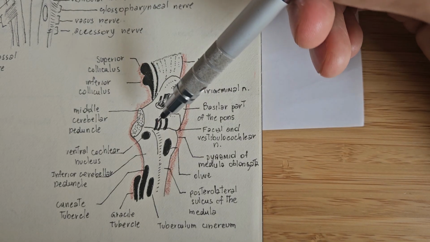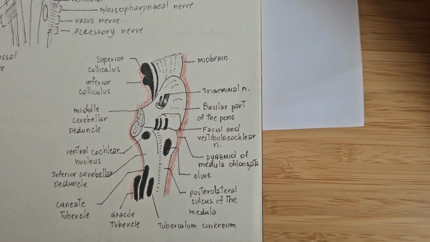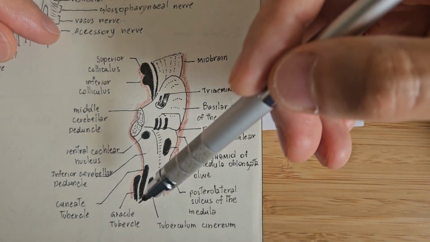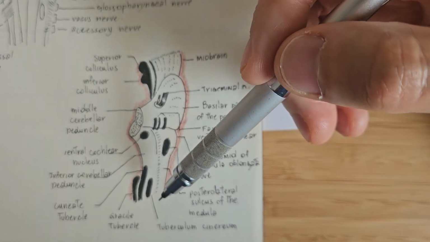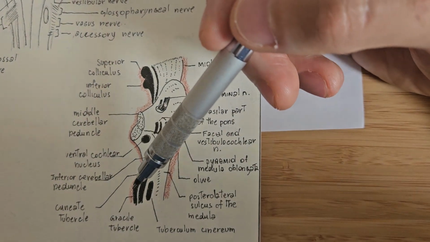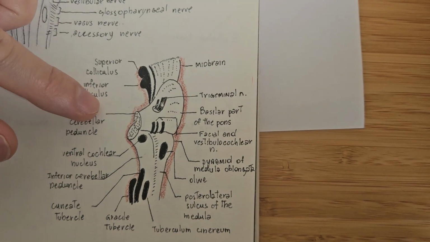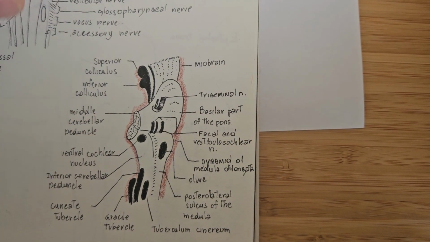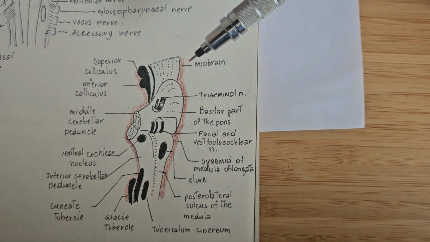When damaged here, this can result in sensory deficits in the upper limbs, such as loss of fine touch and proprioception. And finally, we have the gracile tubercle, which is located medial to the cuneate tubercle and contains the gracile nucleus, which processes sensory information from the lower limbs and trunk. Lesions here cause sensory deficits in the lower limbs, similar to those seen with damage to the cuneate tubercle.